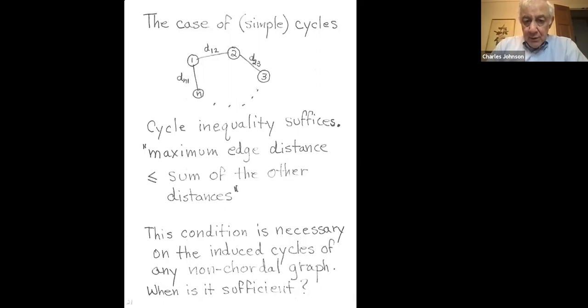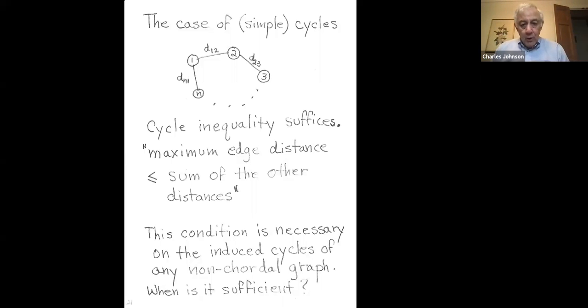That's clearly a necessary condition. I claim it's also sufficient. Now, it doesn't settle the problem of which dimension you can put this in, but in fact, if the cycle condition is met, then there will be a completion. So this condition is necessary for the induced cycles of any non-chordal graph. And you can ask the question then, when is it sufficient?